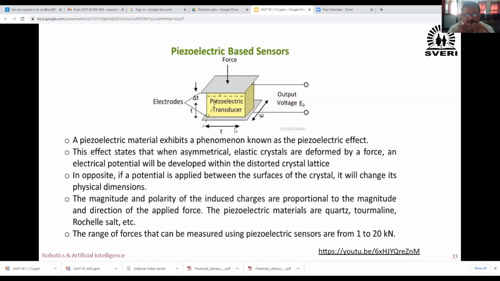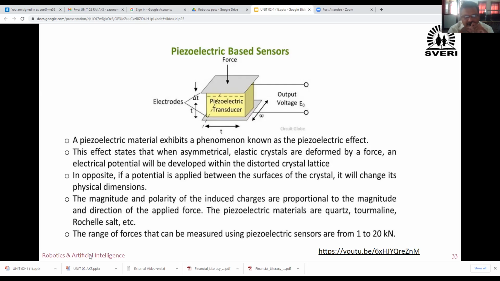And if we apply an exciting force or external force on that machine, you know that in the machine, forced vibrations are induced because of different cutting forces. Therefore, whenever you put that accelerometer on the object, the object is vibrating, and at the same time this accelerometer will pick up those vibrations.